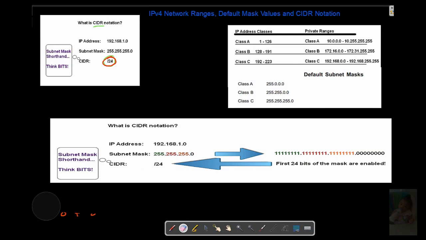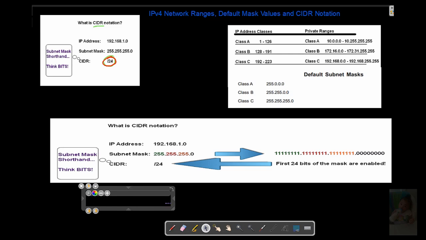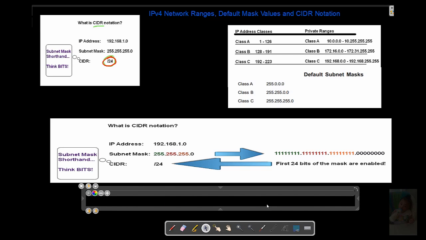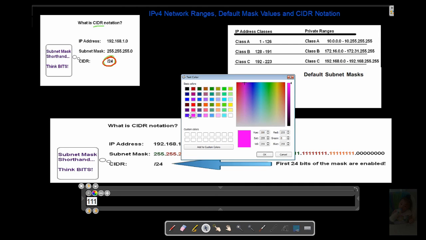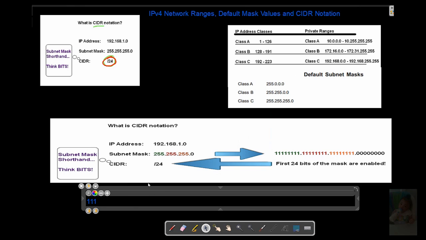What if this happened to be a Class B? Remember our Class B default masks. Let's grab this blue, it'll show up pretty well. Class B default masks are 1 through 8, 1 through 8, 1 through 8, 1 through 8.